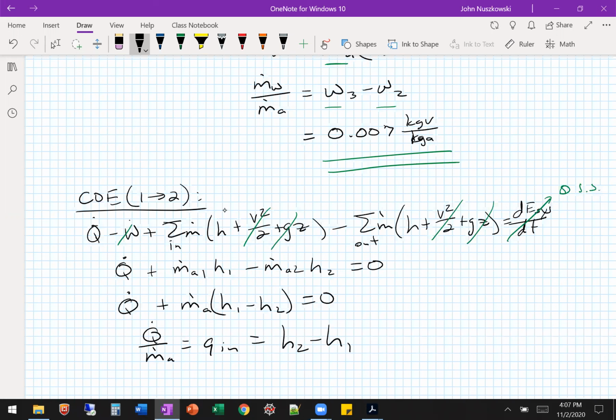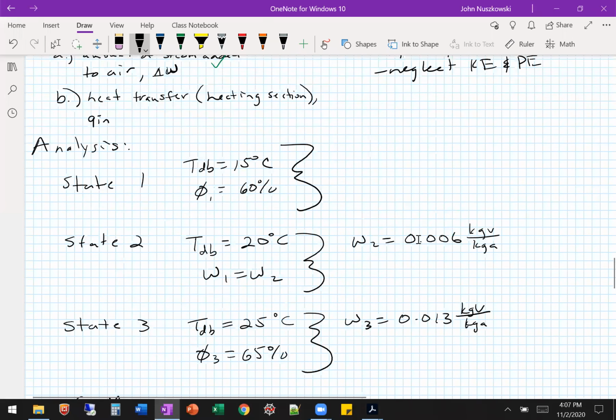Moving things around and dividing by our mass flow rate of dry air, it's just the change in enthalpy from 1 to 2. It means we need our enthalpies. The specific humidity is the same here.